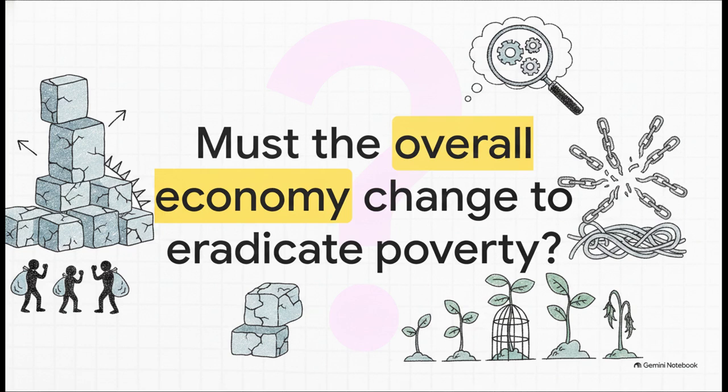So I want to leave you with this final provocative question to ponder. Is a direct attack on poverty through employment programs actually enough? Or, since poverty is ultimately an outcome of the way an economy functions, must the overall structure of the economy itself be modified to achieve true eradication? It is a fascinating question, and it really strikes at the very roots of developmental economics.